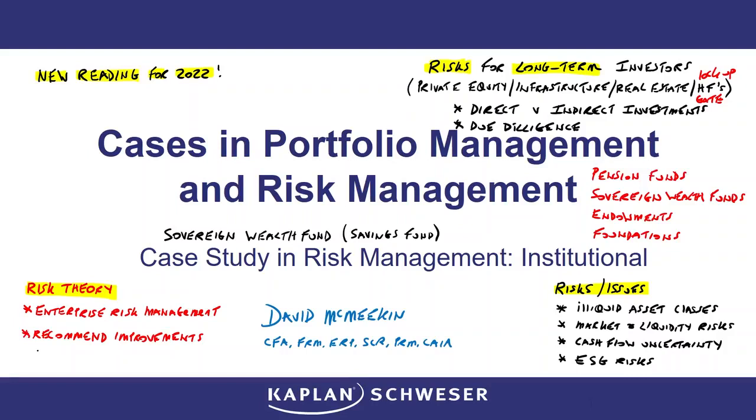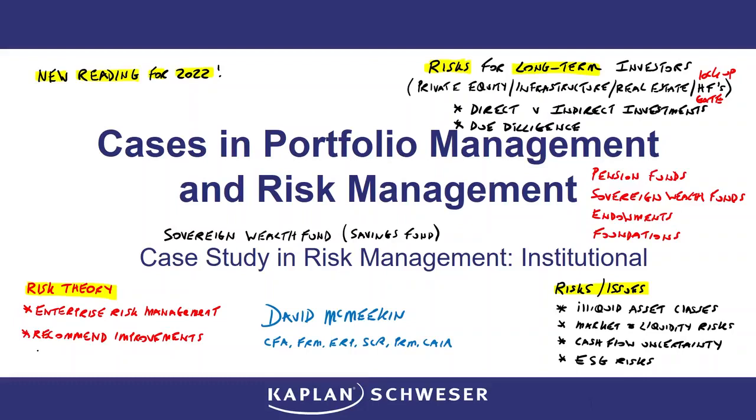And finally, a bit of risk theory. Enterprise-wide risk management theory is incorporated in this reading. Whilst there are many specialist areas and departments in any organization, thinking more about lending and credit risk perhaps, or investments and market risk, we've talked about liquidity risk already, operational risk perhaps.